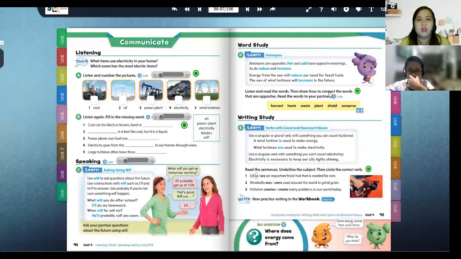So last Tuesday we talked about antonyms. When we say antonyms, these are the opposites, like hot and cold, reduce and increase, beautiful and ugly. So I asked you to make 10 antonym words. You can just write your words there on the screen.